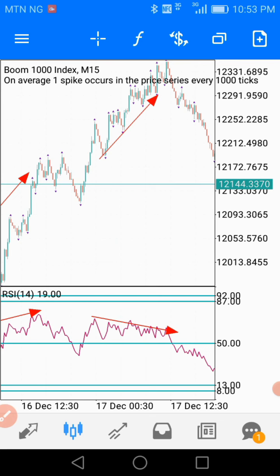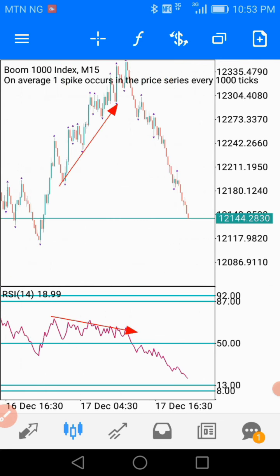We have bullish regular divergence and bearish regular divergence, and I'm going to teach you the best way to trade them.